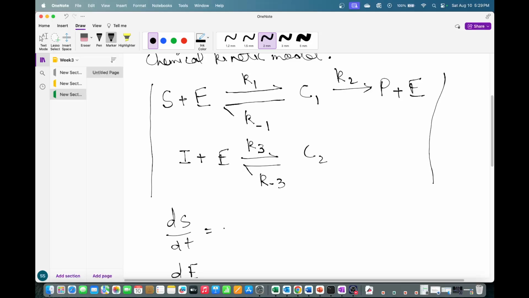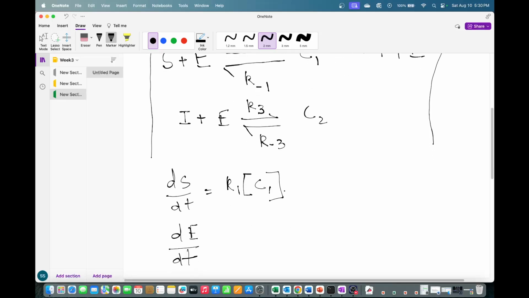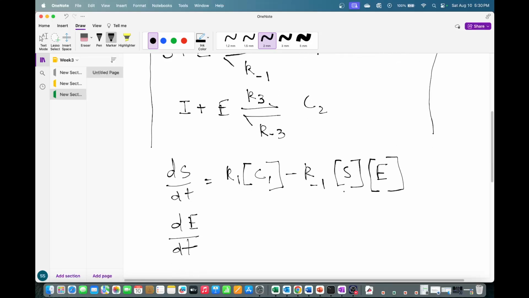So dS/dt equals K minus 1 into C1, minus K1, S into E.